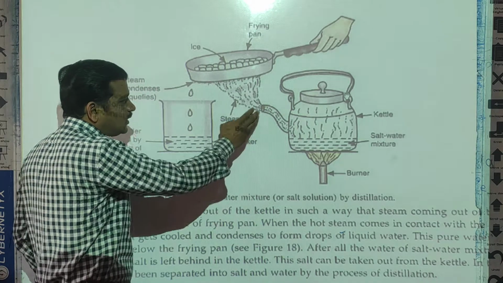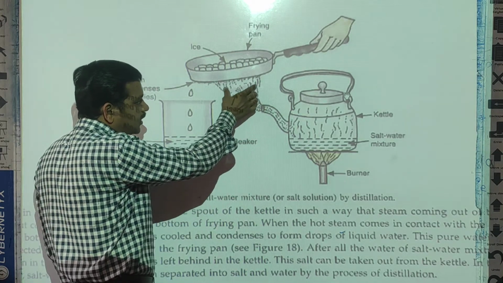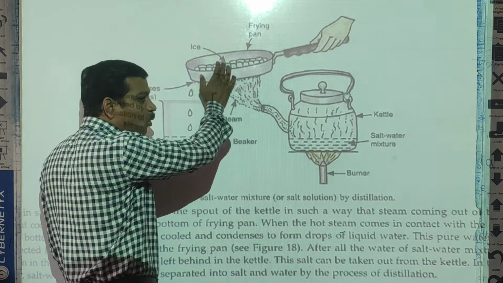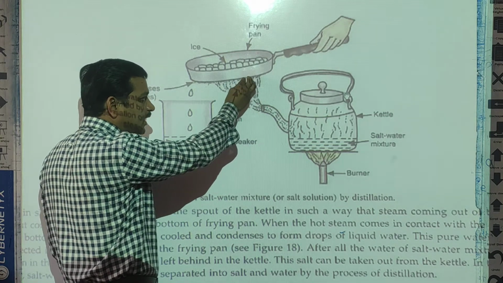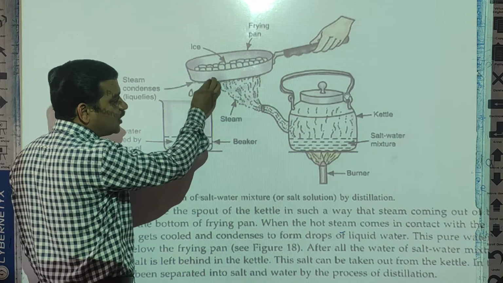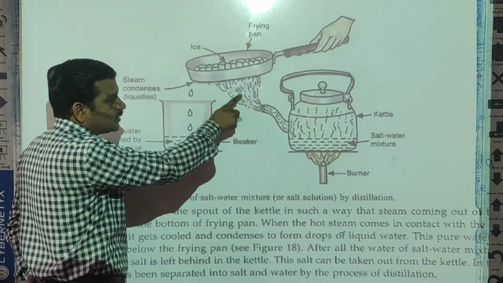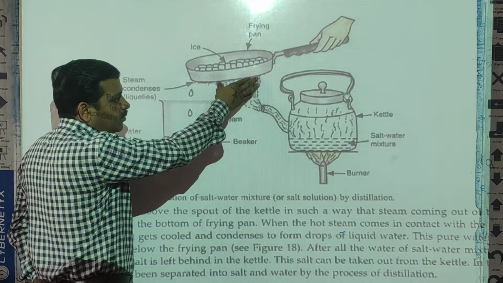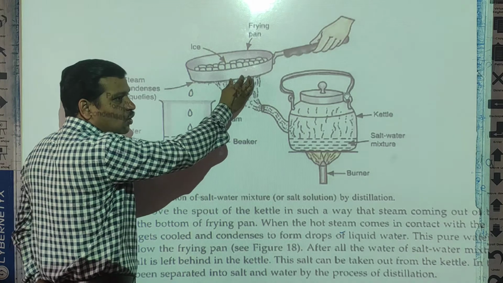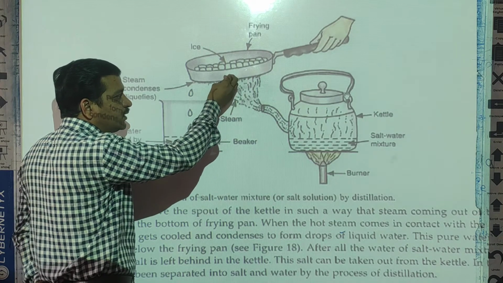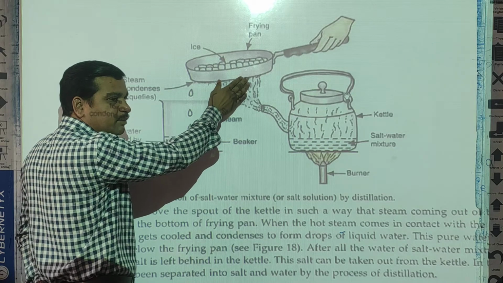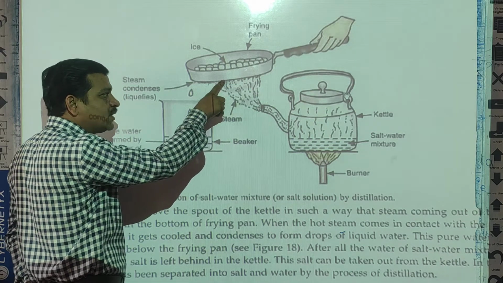So when this steam comes in contact with the cold pan, it changes into water drops. You can see here the steam coming in contact with the frying pan. The surface is cold due to the ice cubes, and then this steam or water vapor condenses here.